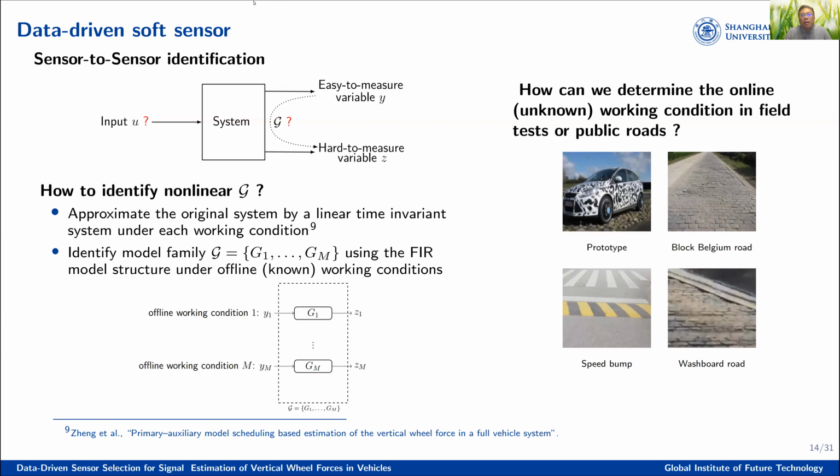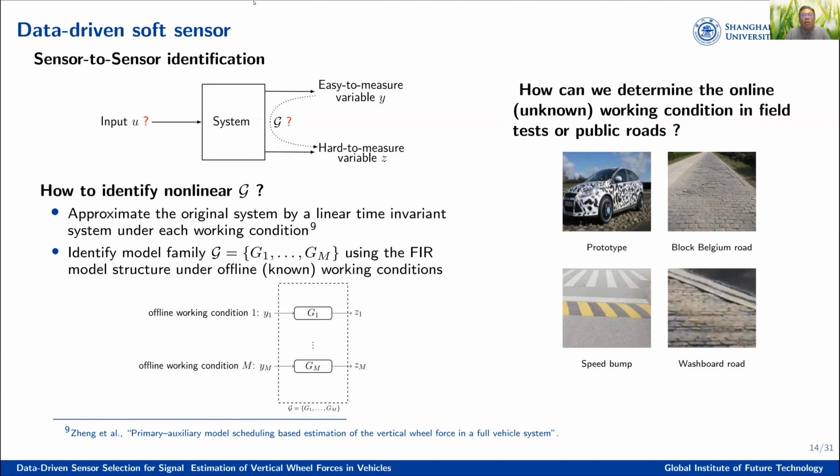Then the question becomes another one: can we determine which unknown working condition this vehicle is running on during the test or on public roads? Because when we drive on those roads, the driver or the system will not tell you, hey guys, we are running on a high-speed way, or we are running on a cobblestone Belgian road.